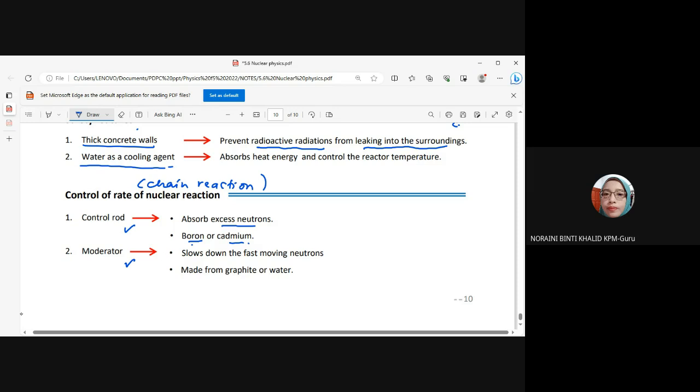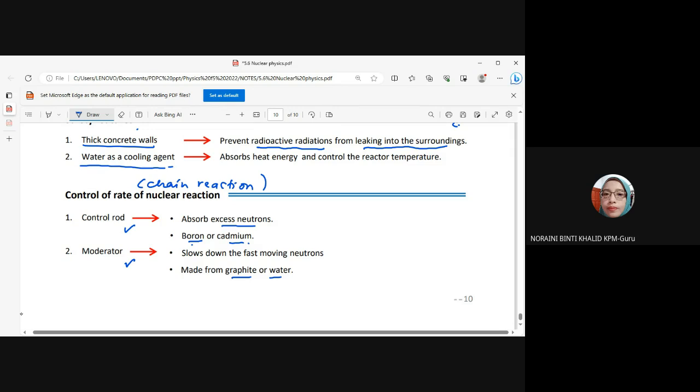Moderator untuk apa? Slows down the fast moving neutron. Neutron that released by fission, dia moving very fast sebab dia energy dia tinggi kan. So kita guna moderator which is made of graphite atau water. Dia akan slow down the neutron sebab slow moving neutron only can bombard the uranium.